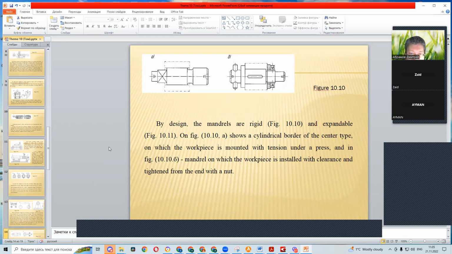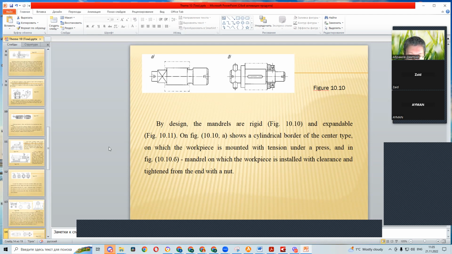By design, the mandrels are rigid and expandable in figure 10.11. On figure 10.10a shows a cylindrical mandrel of the center type on which the workpiece is mounted with tension under a press.